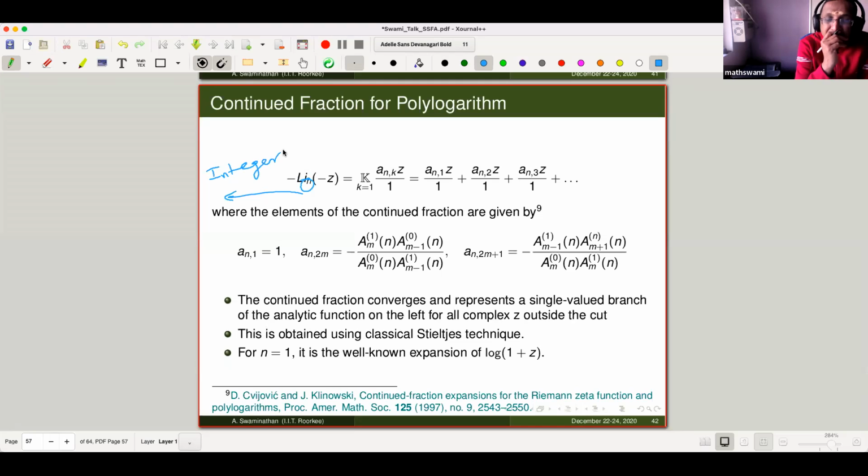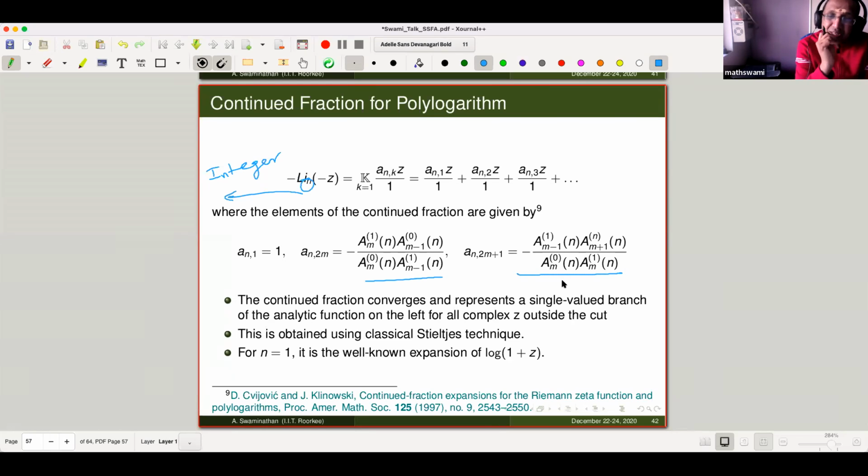And this continued fraction expansion has the conditions: A1 of 1 is 1. For the even numbers you have a particular range, and for odd values it is going to be something else. These are the things they were able to get, and they were trying to prove this particular result, where these An and Bn are given by particular values, given in the paper referred to here.